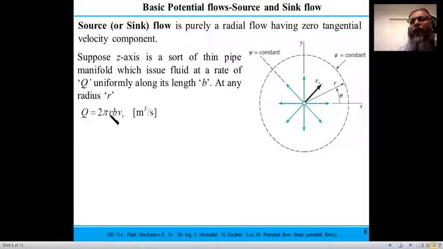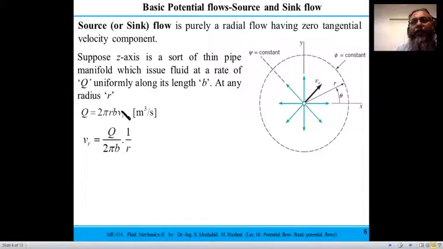The area is 2 pi r b, since r is in meters and b is in meters, it would be meter squared. So at any radius r, the flow rate would be 2 pi r b times the velocity in the radial direction.